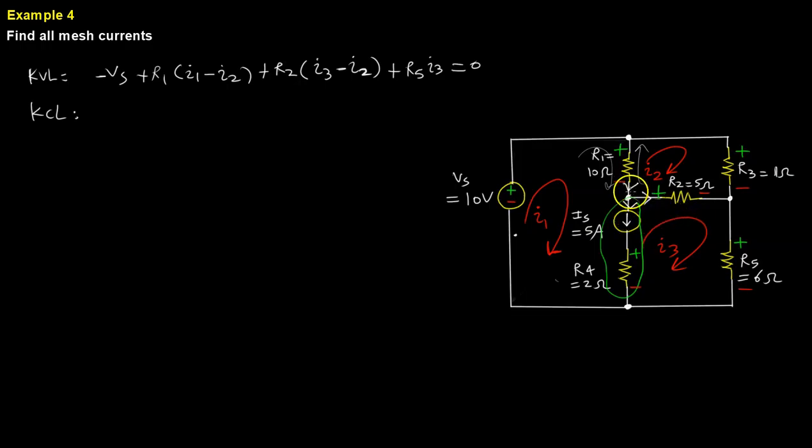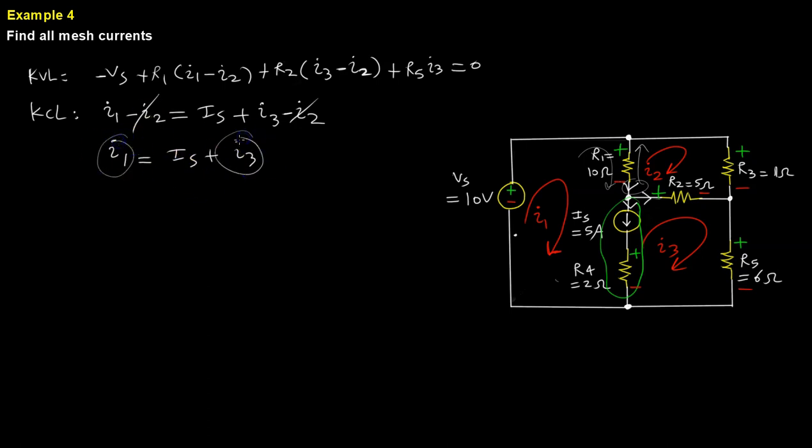So I1 minus I2 equals these two currents that are leaving, IS plus I3 minus I2. We can see that the I2 terms cancel, and we have I1 equal to IS plus I3.